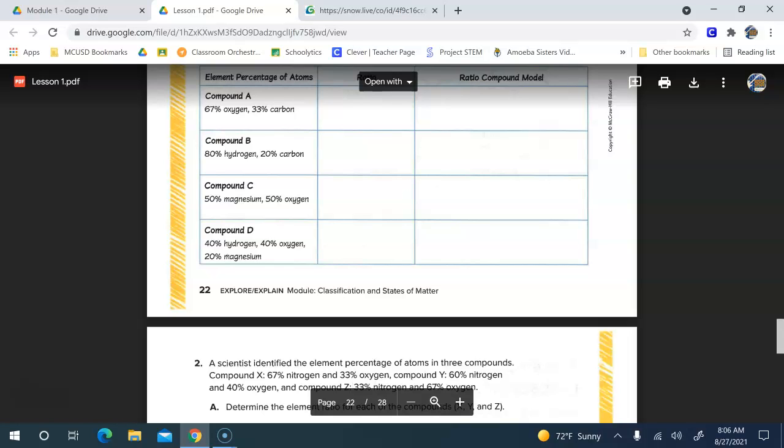That gives us a ratio of 2 to 2 to 1. So you will draw 2 hydrogen, 2 oxygen, and 1 magnesium. Okay.